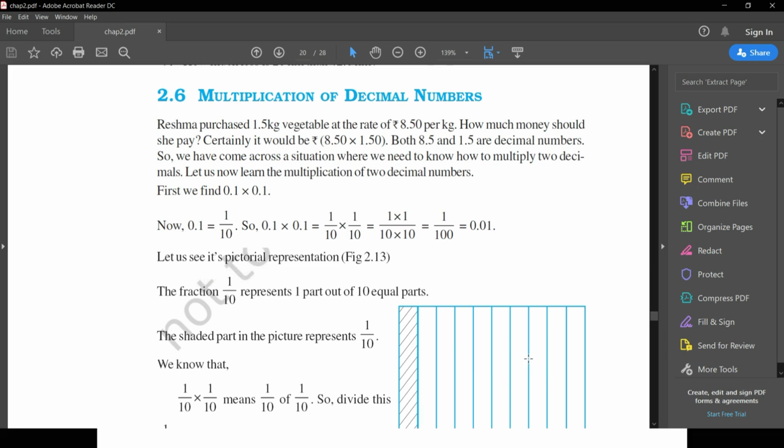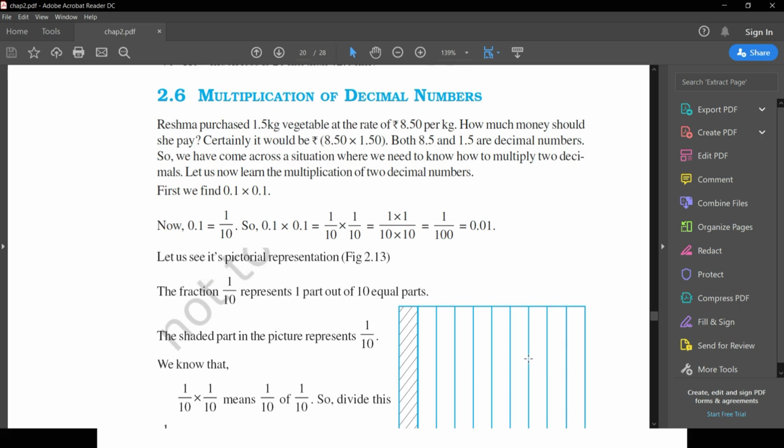Only you have to remember that after multiplying, you should place the decimal two digits from the right. So in the answer, you multiply and place the decimal after two digits from the right.